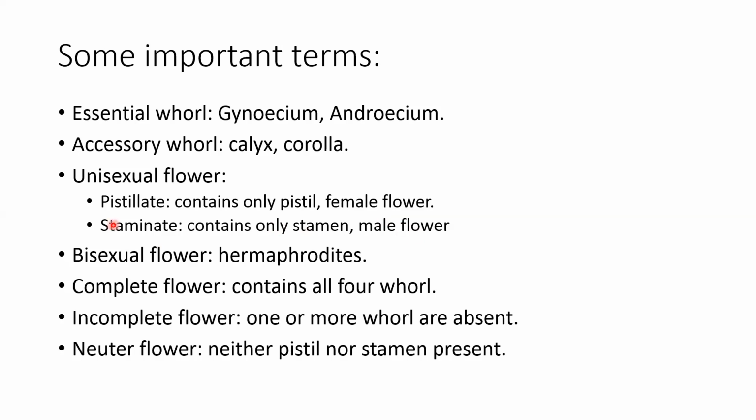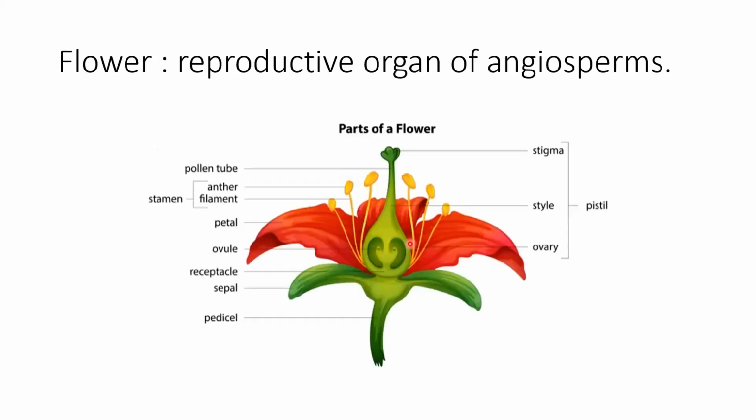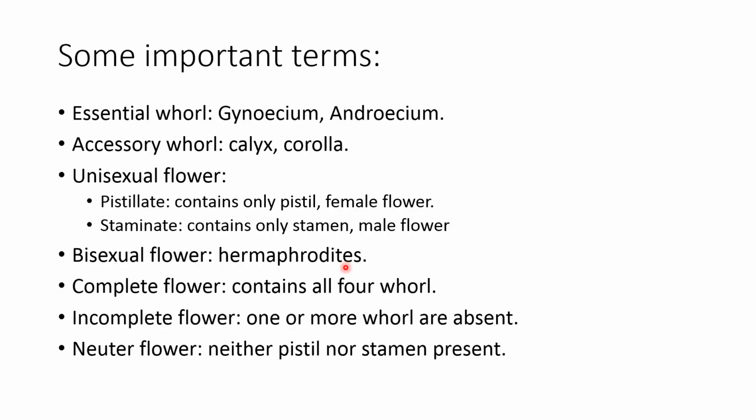Bisexual flowers are those which contain both the sexes, both male and female. This China rose which I have shown you is a bisexual flower, or you can say it is a hermaphrodite. Hermaphrodites are those organisms which contain both the sexes in a single organism. Complete flowers are those which contain all four whorls, like this flower.